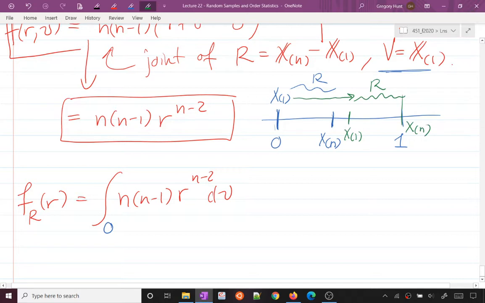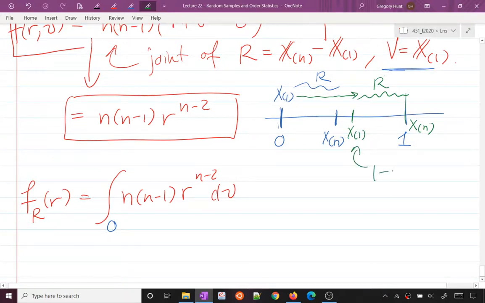So if my maximum were at 1, the biggest it could be, and I know the range is r, the biggest my minimum could be is basically 1 minus r. So the upper limit of integration should be 1 minus r, because it's the biggest that my minimum could be, right? We're talking about v here. We're trying to figure out the range of v, which is my minimum, going from 0 to 1 minus the range, right? You can't go all the way up to 1, because we know the range is some non-zero value r.